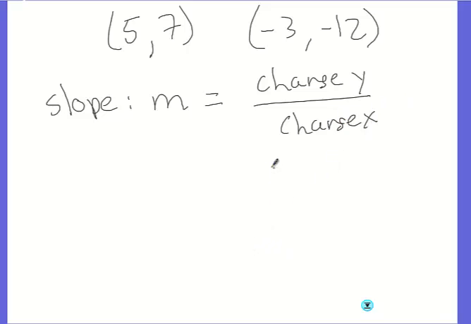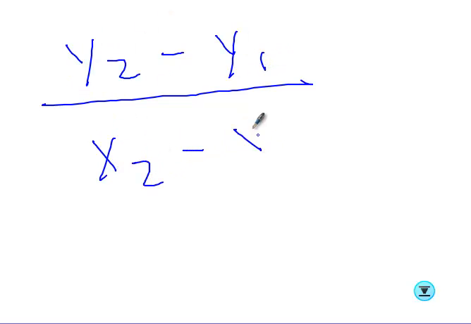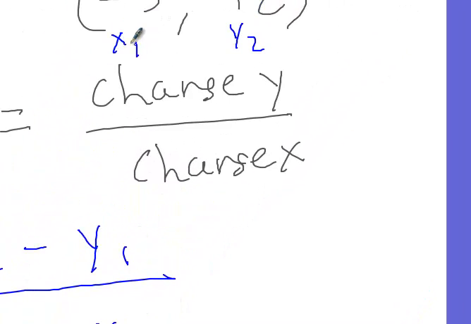And this is just how you find the slope between 2 points. It's the change in y over change in x. Or in a nutshell, it's y2 minus y1, the change in the y values, over x2 minus x1. Meaning this would be y2, this would be x2, this is y1, this is x1.